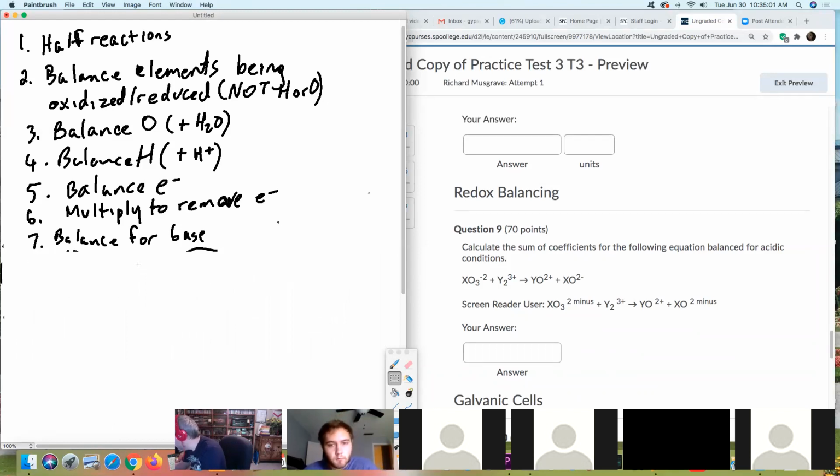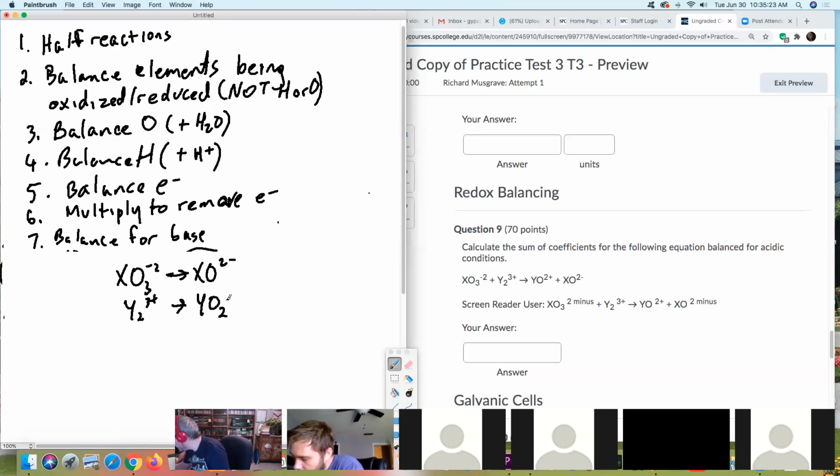So for this one, the half reactions would be XO3 minus 2 gives XO2 minus, and the other one is going to be Y2 3 plus gives YO2 plus.